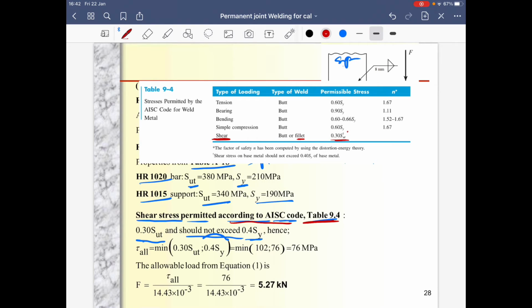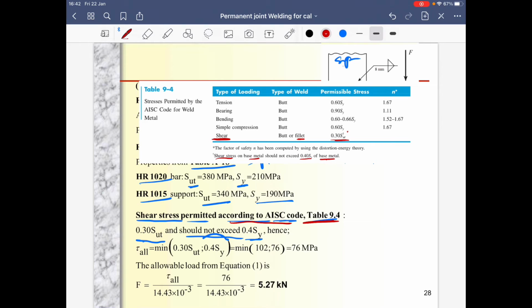It says that the shear stress on base metal should not exceed 0.4 yield strength of base metal. In this case, base metal could refer to two things.